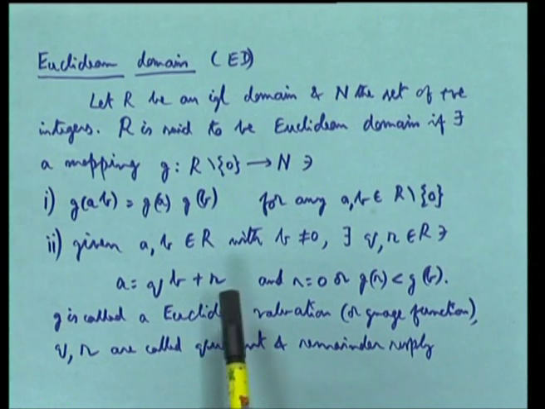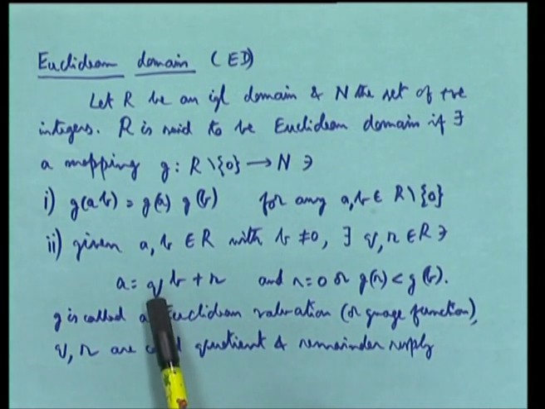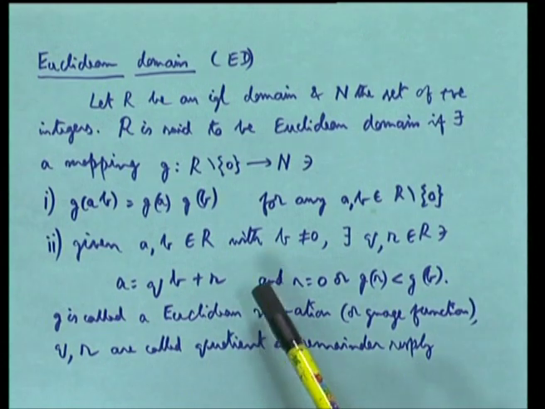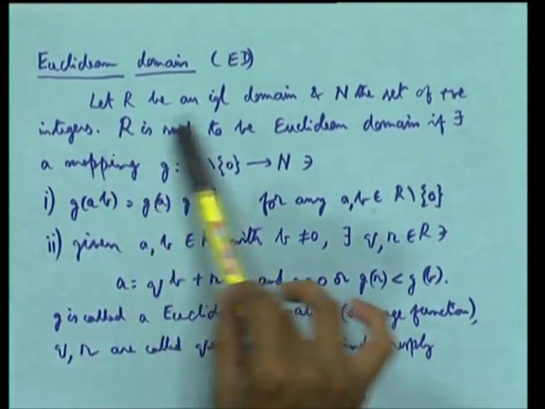You may recall from our arithmetic, if you have any two positive integers, for example 17 and 5, you have 17 is equal to 3 into 5 plus 2, 5 is non-zero. If you divide 17 by 5, 3 is quotient and 2 is remainder. So, this is a general setting of our Euclidean algorithm to integral domains.